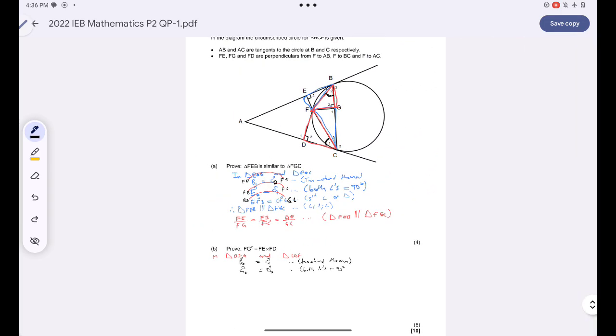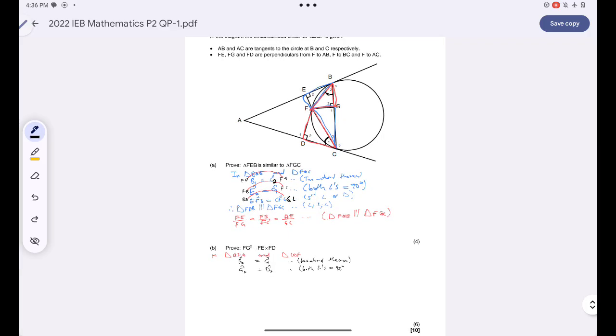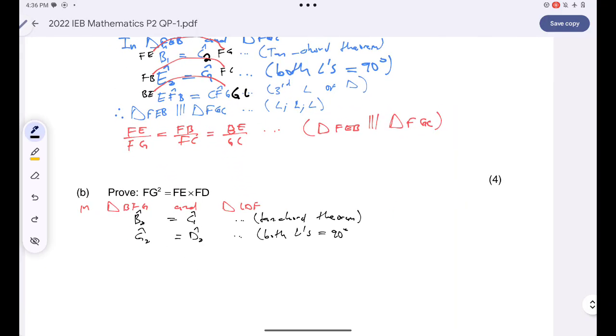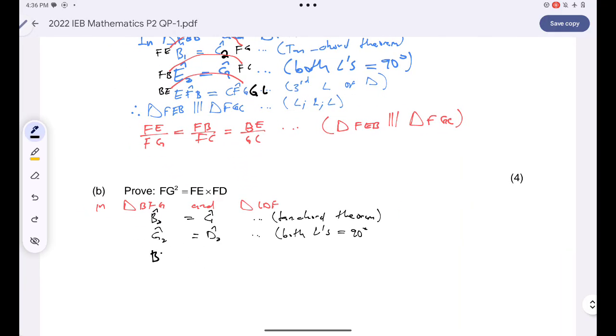Our third angle of a triangle will have angle BFG being equal to angle CFD. This is just the third angle of the triangle.